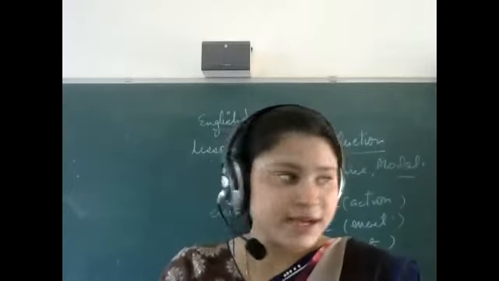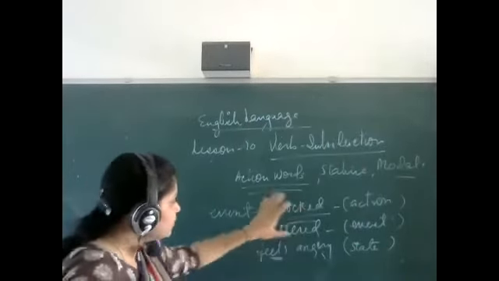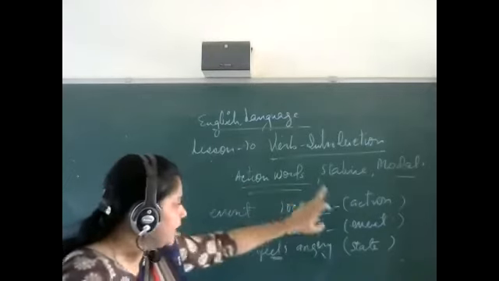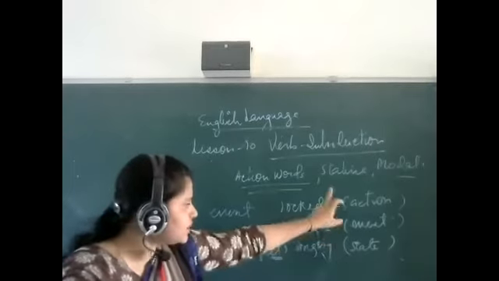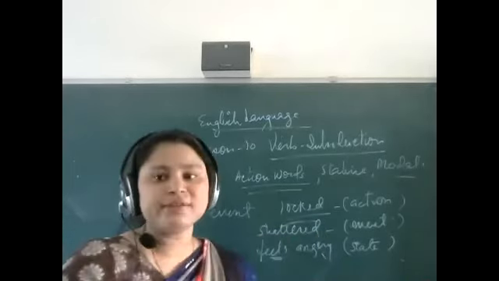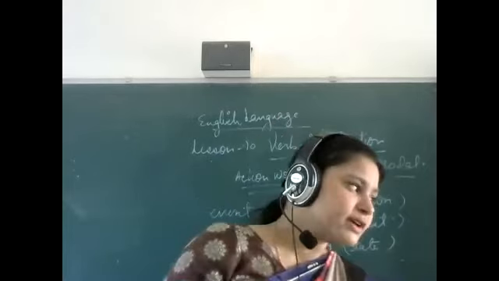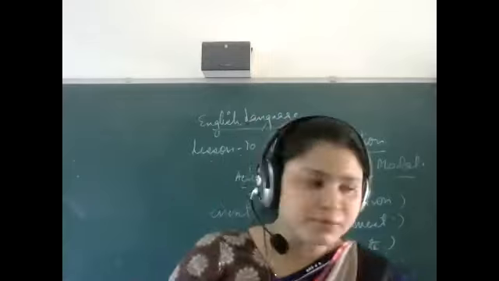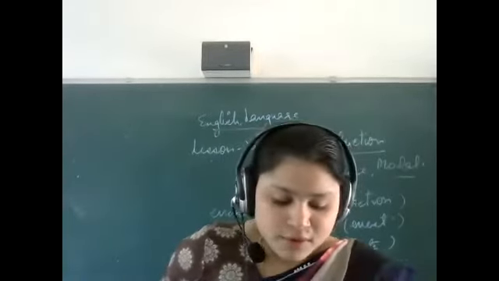No, there is no action at all. So these three things can be described by a verb only. It can be an action word, a stative word, and an event can also be shown by a verb. So if somebody asks what a verb is, please do not say that only an action word is a verb. Even all these things are attached to the verb.